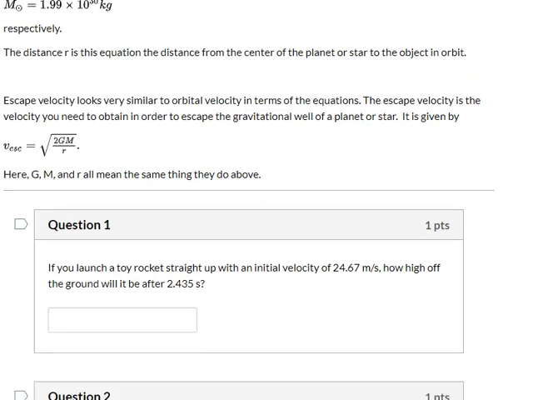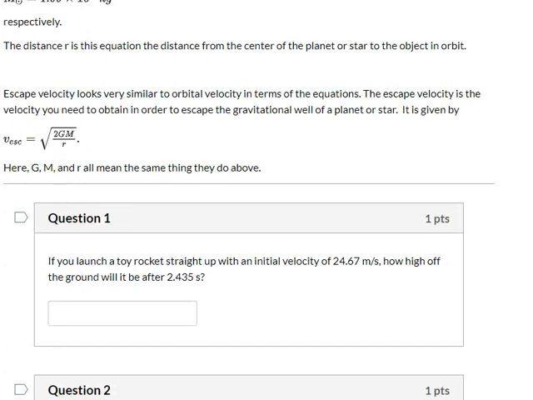The other thing that's out there in this is the escape velocity. The escape velocity looks very similar to the orbital velocity, but it's the square root of 2G times the mass times your distance from the center of the object. All right, so let's say here's the Earth, and there's the center of the Earth, and you're out here in a spaceship.